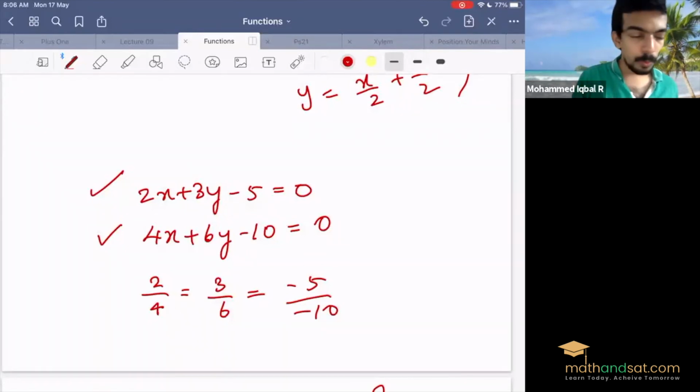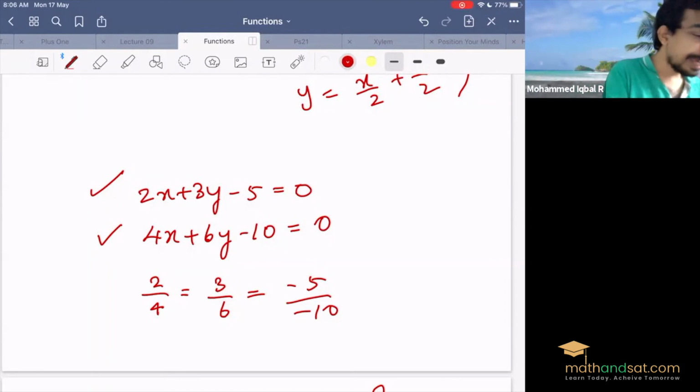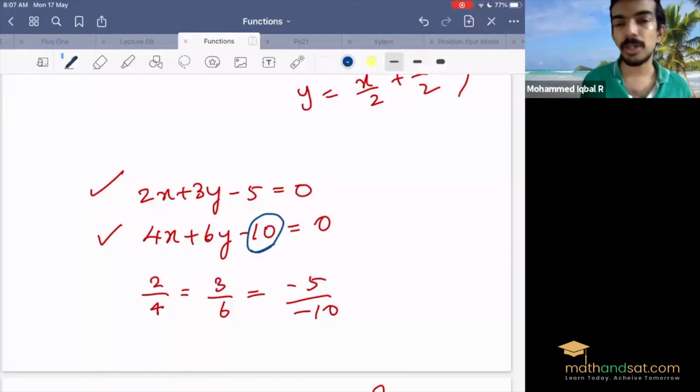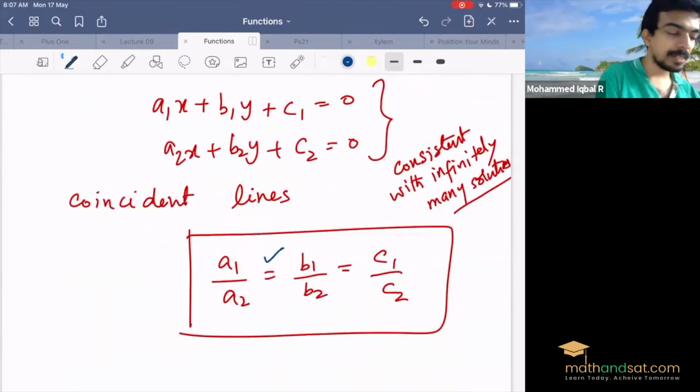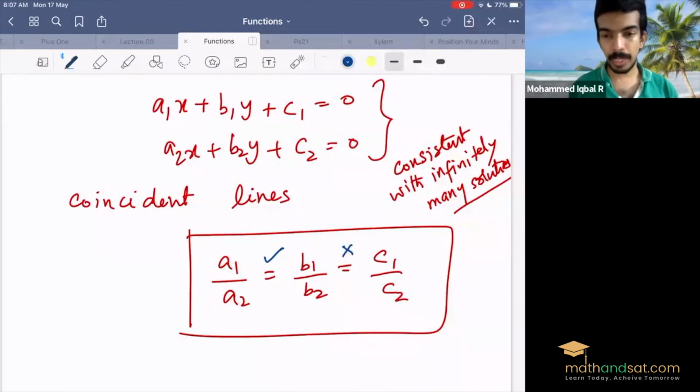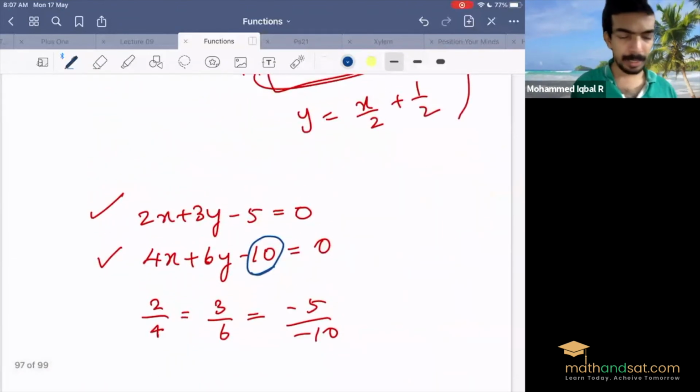But now, if I slightly change the constant in one of them, this proportionality remains intact and this one is gone. I'm going to break the second proportionality, but keep the first intact. I am just changing the number 10 to some other number, say for example 9.